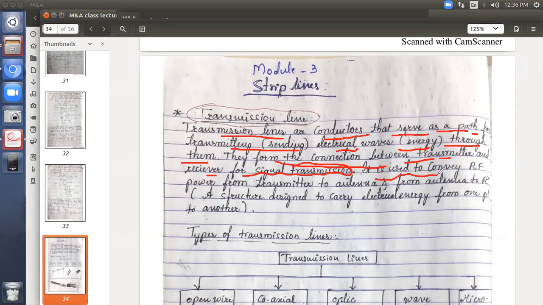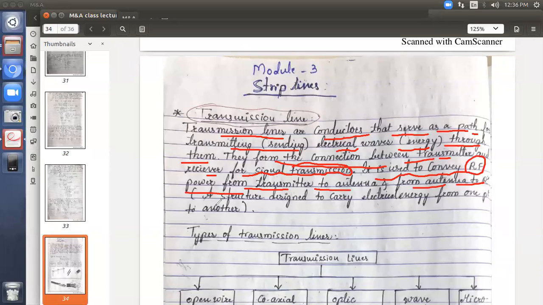It is used to convey the radio frequency power from the transmitter to the antenna, and from the antenna to the receiver, on both sides. If you consider only the transmitter part, it is the first half. If you consider the receiver, it is the second half, from the antenna to the receiver.